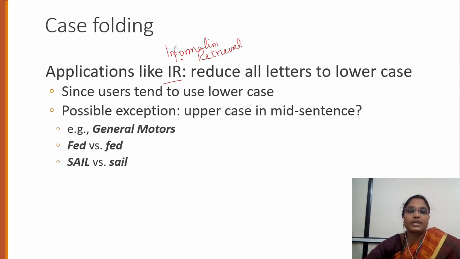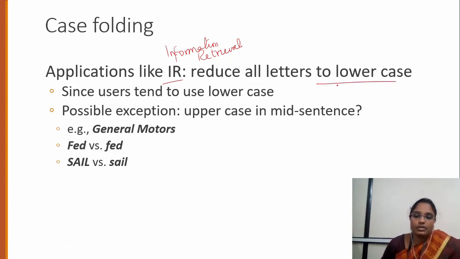In applications like information retrieval, it is better to reduce all the letters to lowercase. But there are times when we need to maintain the case of the word, for example General Motors.